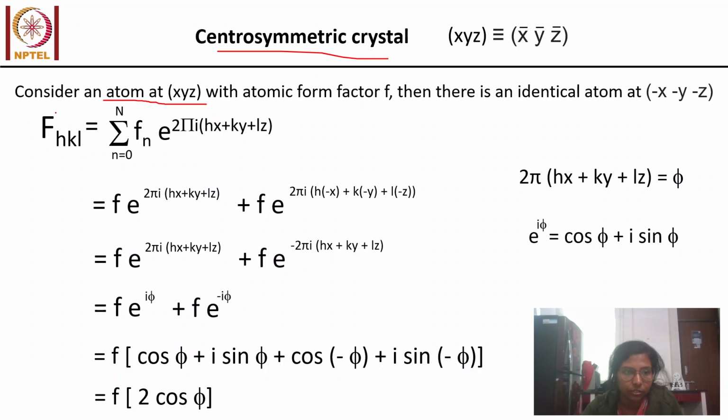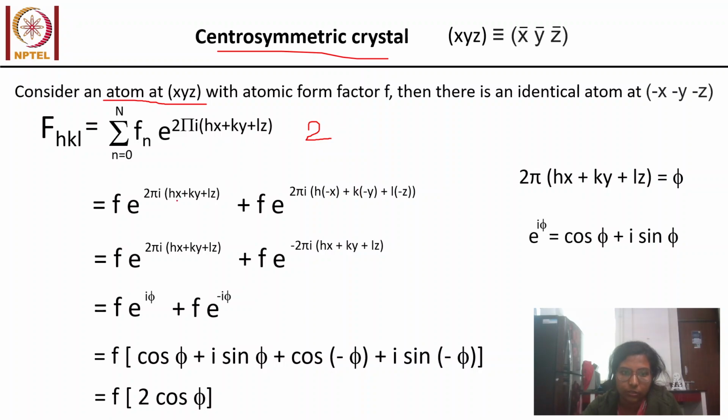This is the structure factor equation, a summation over these atoms at the 2 positions. Now what we will do is split this. We will consider here 2 atoms, the equivalent atoms. One will have the coordinates x, y, z, and then another one.